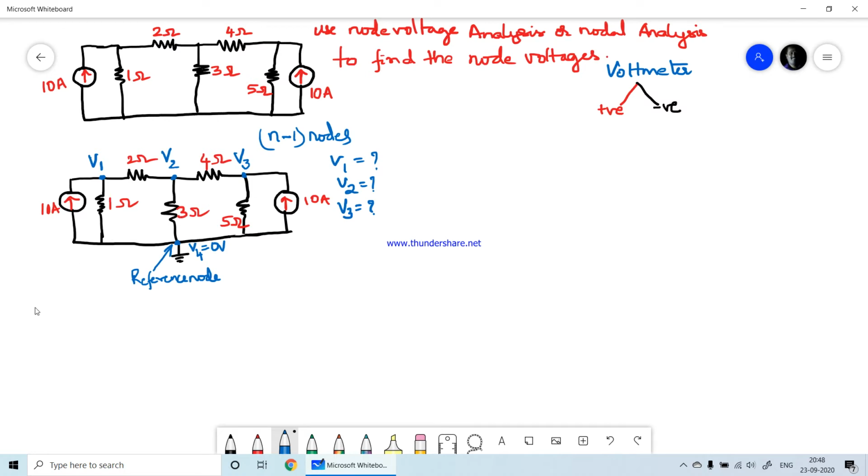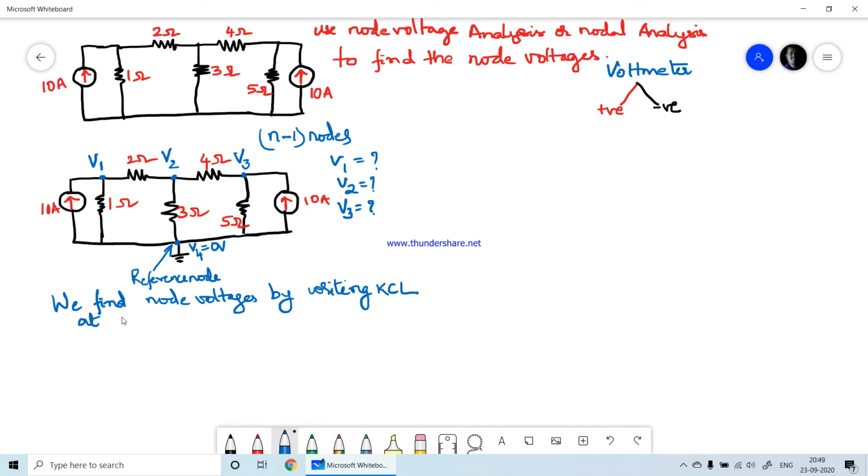Now the main method here is we find node voltages by writing KCL at each node.